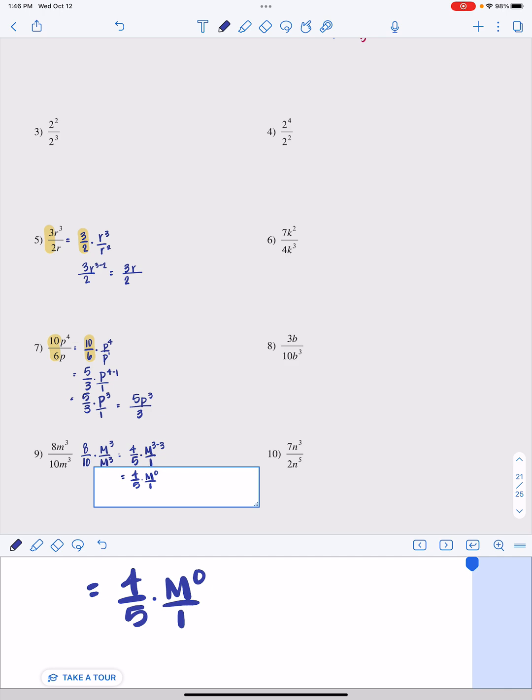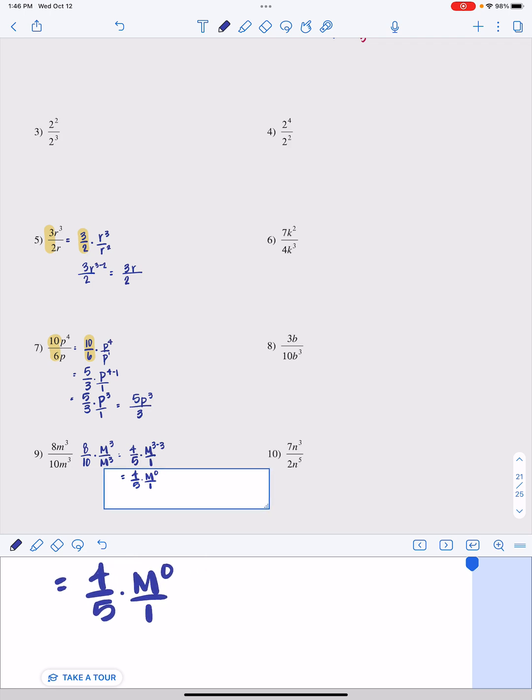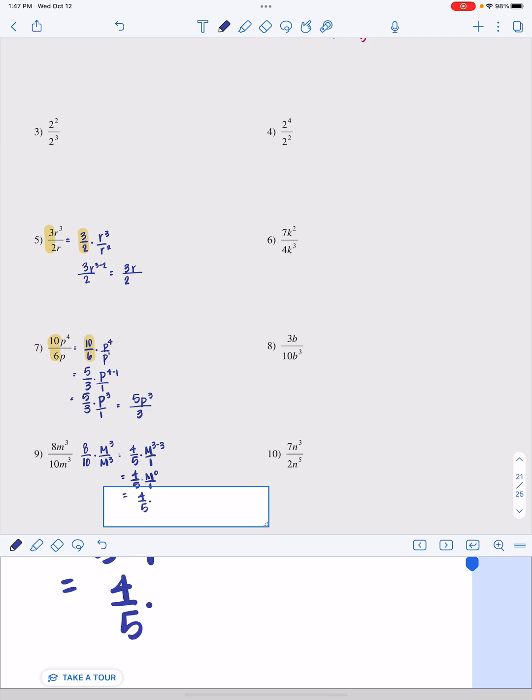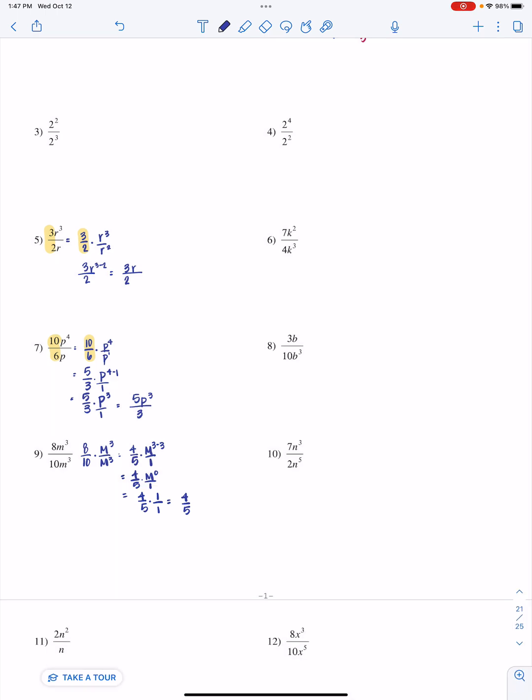And maybe last week, we talked about anything to the 0 power is a 1. So this becomes 4/5 times 1 over 1. So that is simply 4/5. That is why anything to the 0 power is 1.